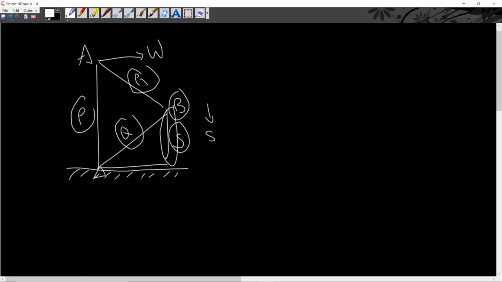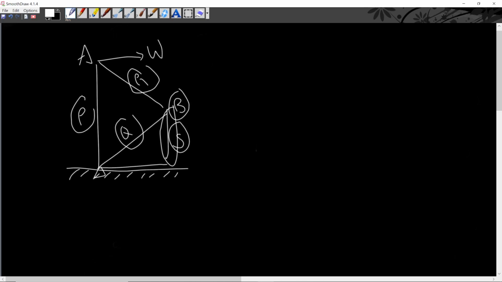As B pushes inwards on S, R is being stretched outwards, right? As S is being, quote unquote, crushed, R is being stretched. So this is a tensile force as S is being compressed. And P and Q have a somewhat similar relationship.